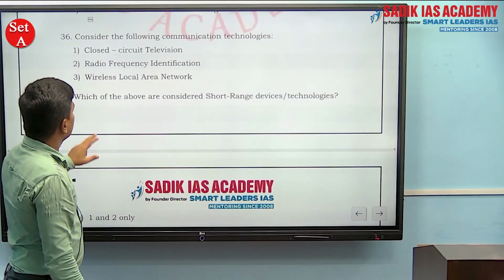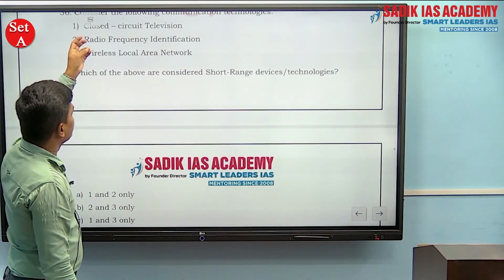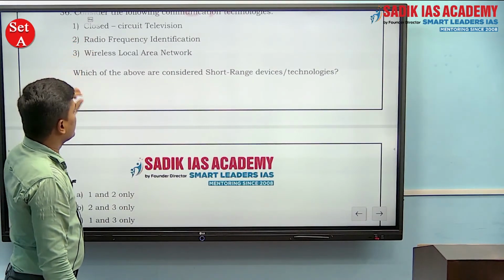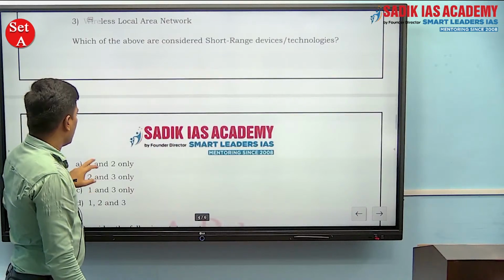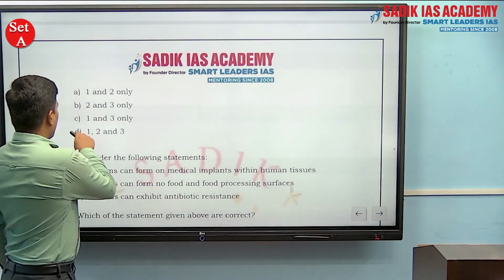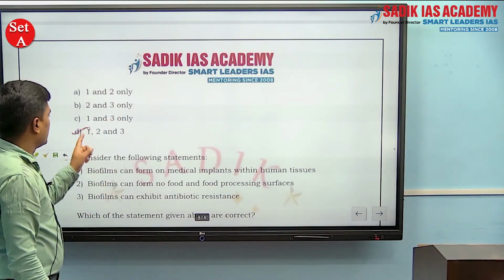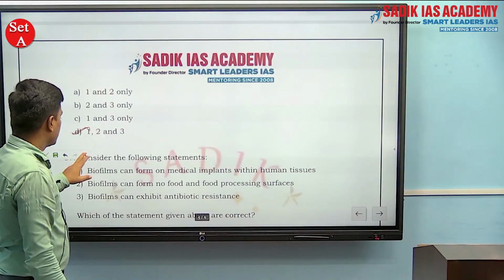CCTV, radio frequency identification, wireless local area network, all these come under short range technology only. So for that question, option D is the correct answer.